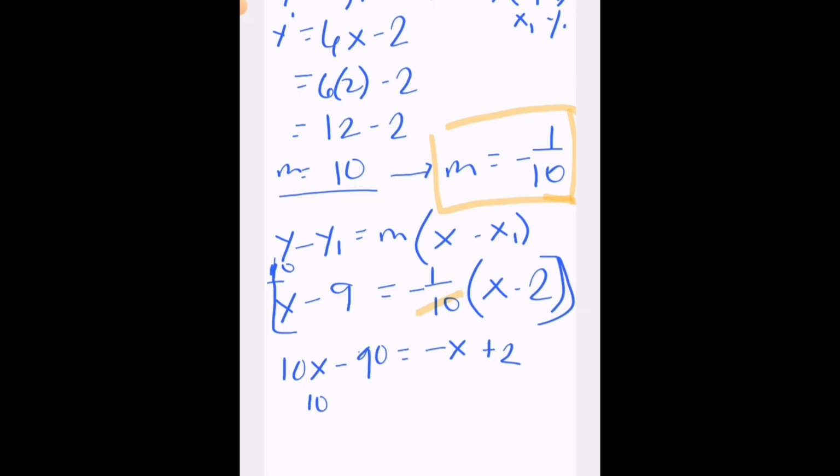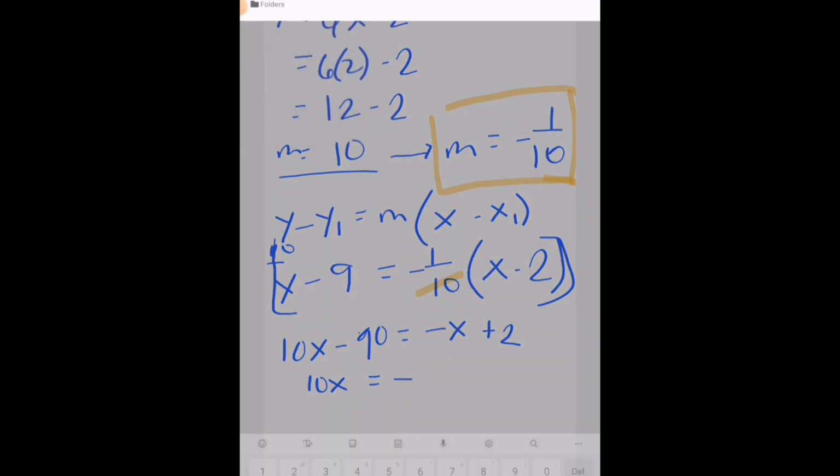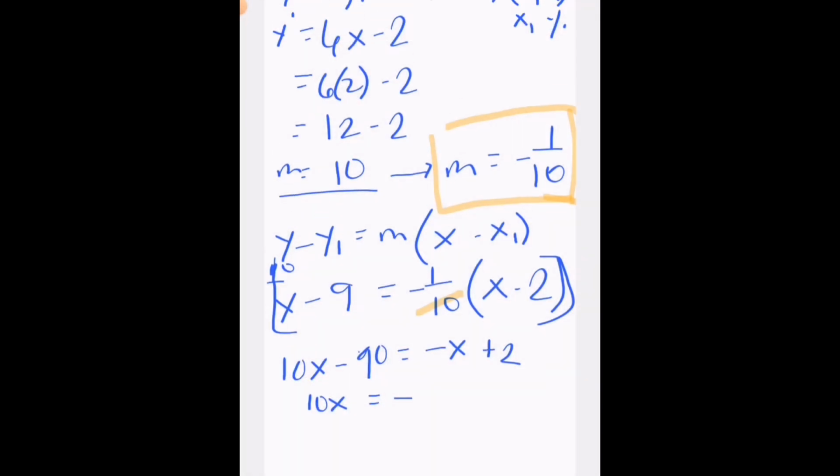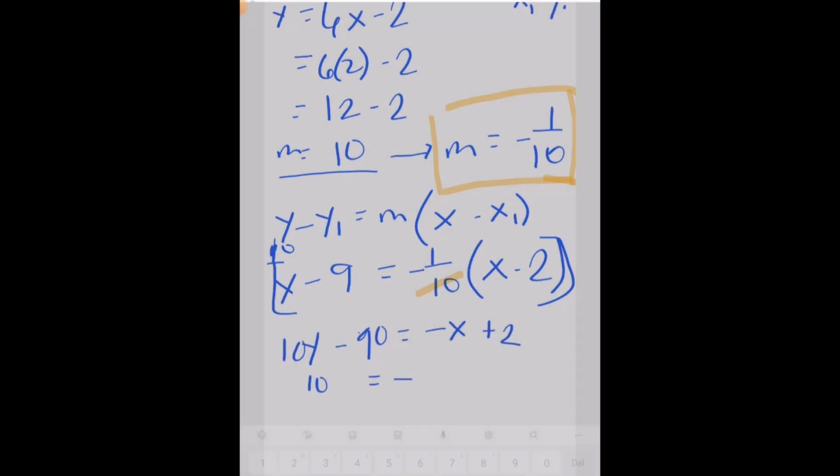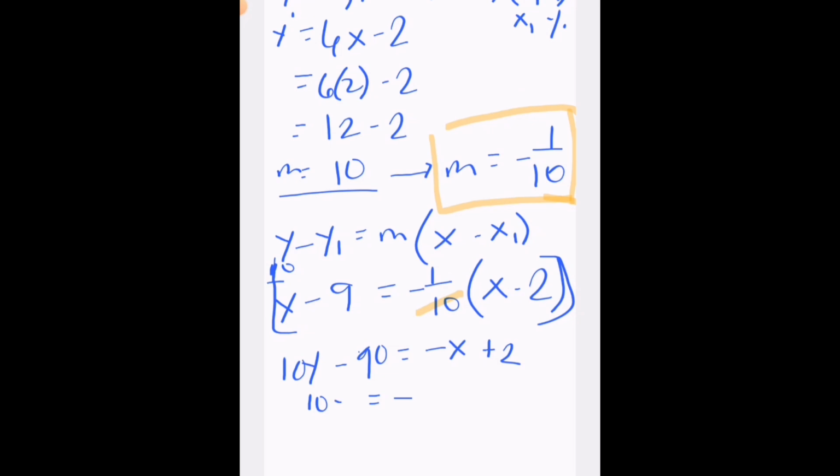So we'll have 10y equals negative x plus 2 plus 90.